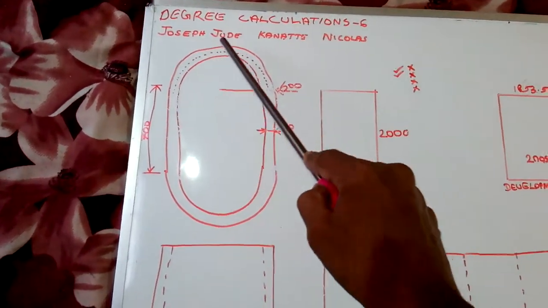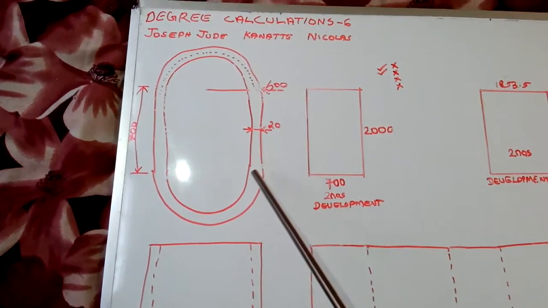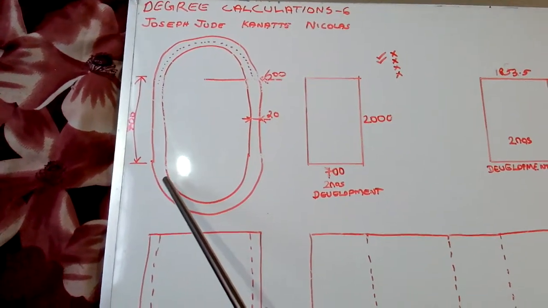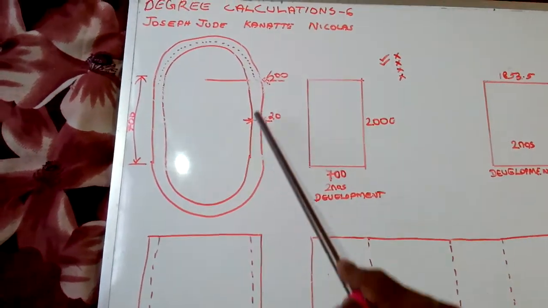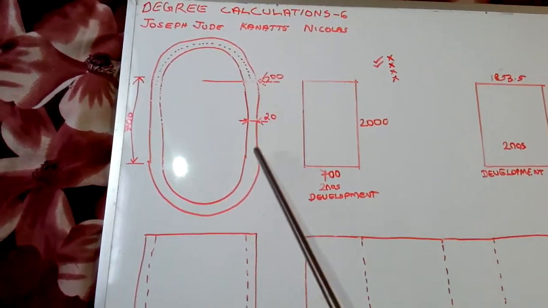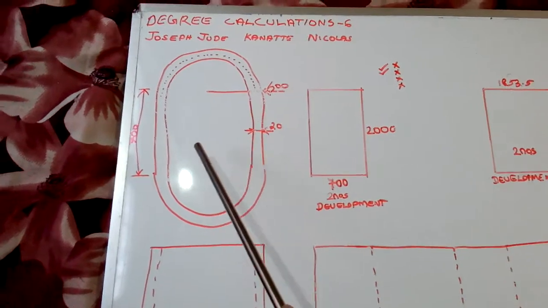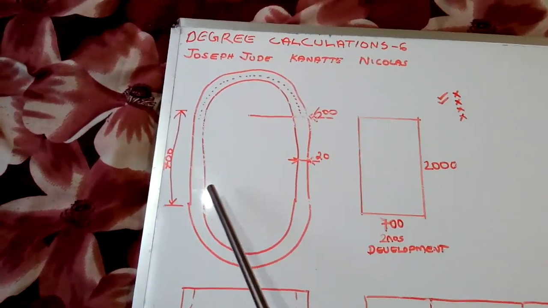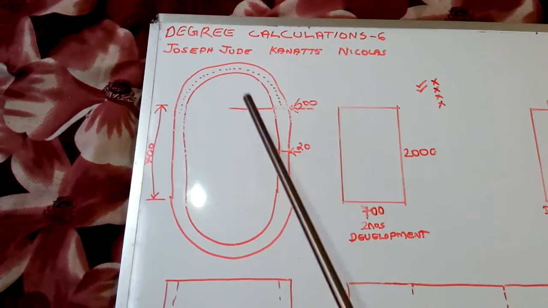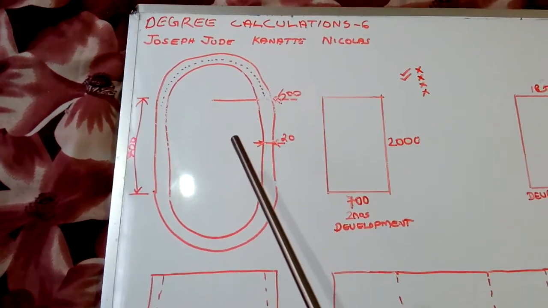It is a half round, and here is also one half round. In between, there is one straight portion. I indicated its length as 700. So I gave you this measurement in the last episode.